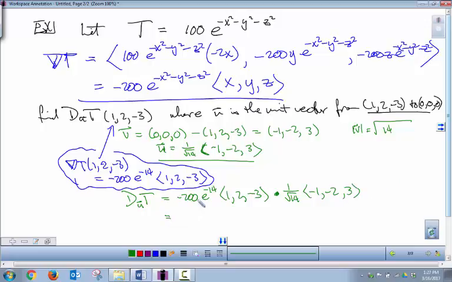And so remember the rules for the dot product. If you have scalars, you can just combine the scalars together and then just do the actual dot product. So I have a negative 200 divided by square root of 14 times e to the negative 14 times, and then here I'll do the dot product: negative 1 times positive 1, negative 2 times positive 2, and negative 3 times 3. Negative 1, 4, and 9.